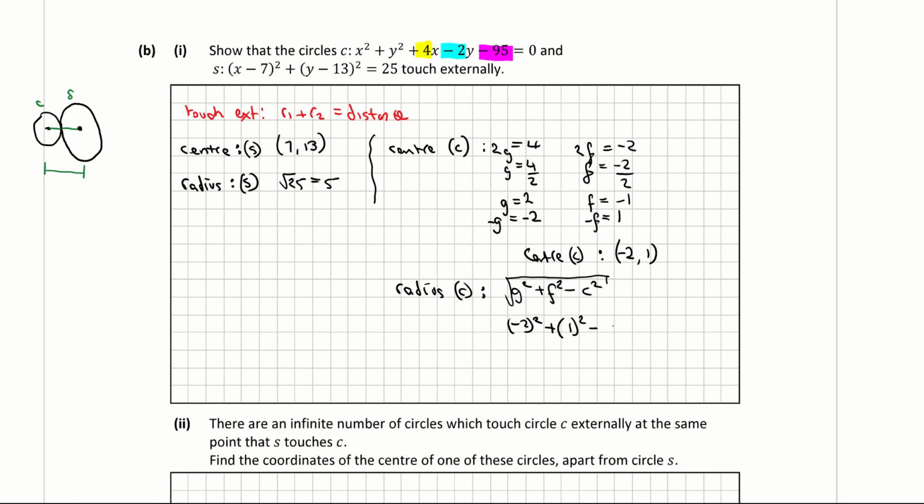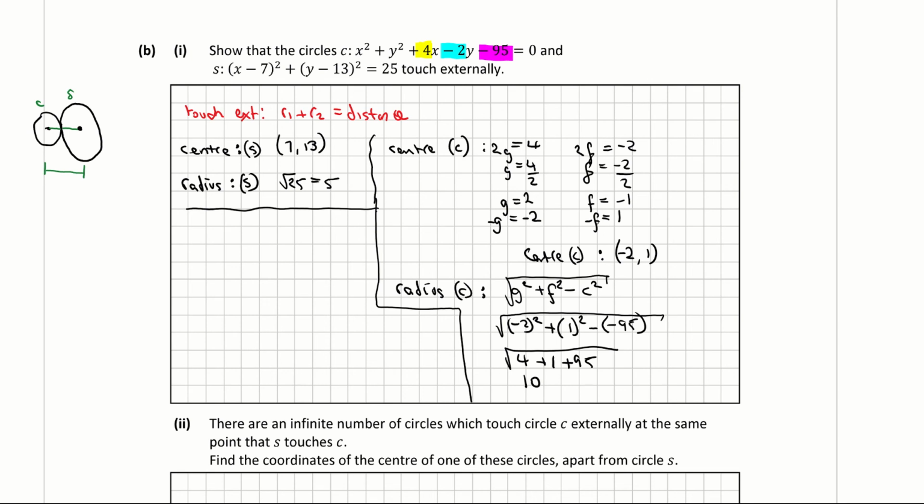So I need to put in my 2 minuses there. So that's giving me 4 plus 1 plus 95, which is the square root of 100, which is 10. So the radius of C is 10. Kind of stuck for space here. Let's make a bit of room. So that is the 2 radii.